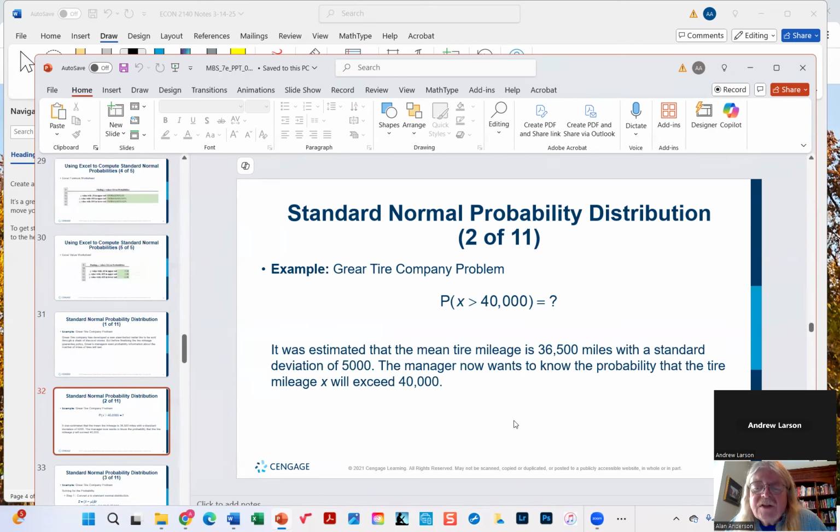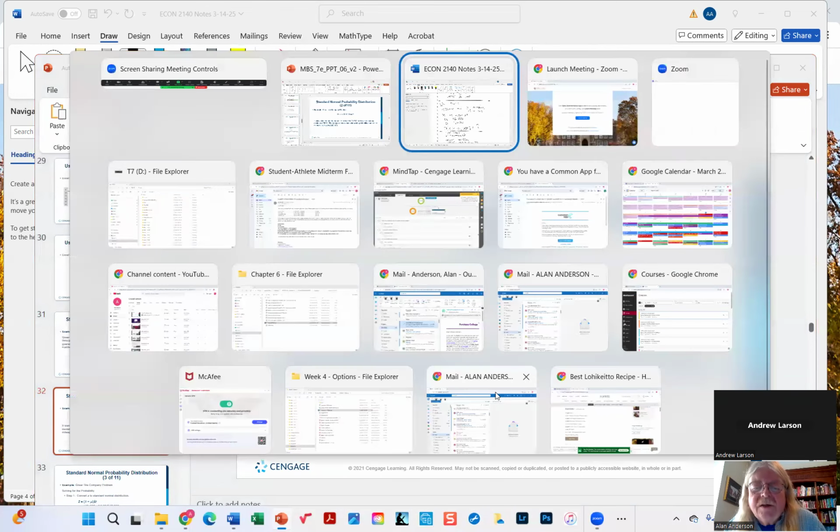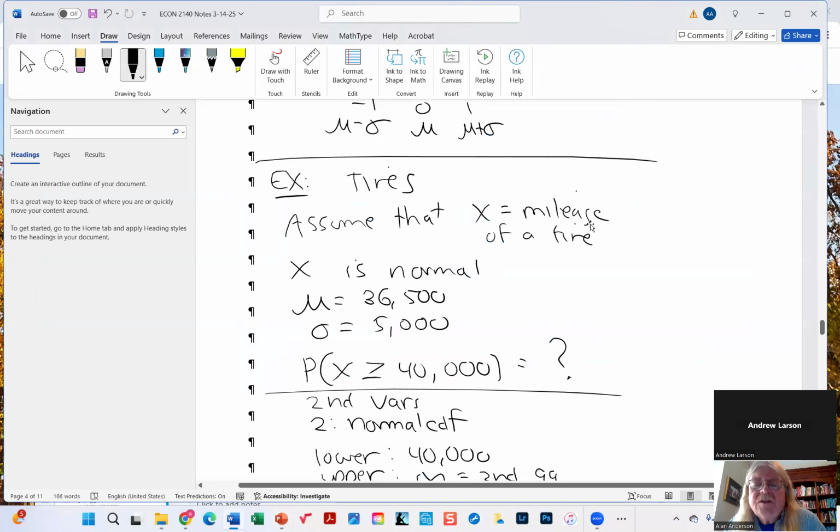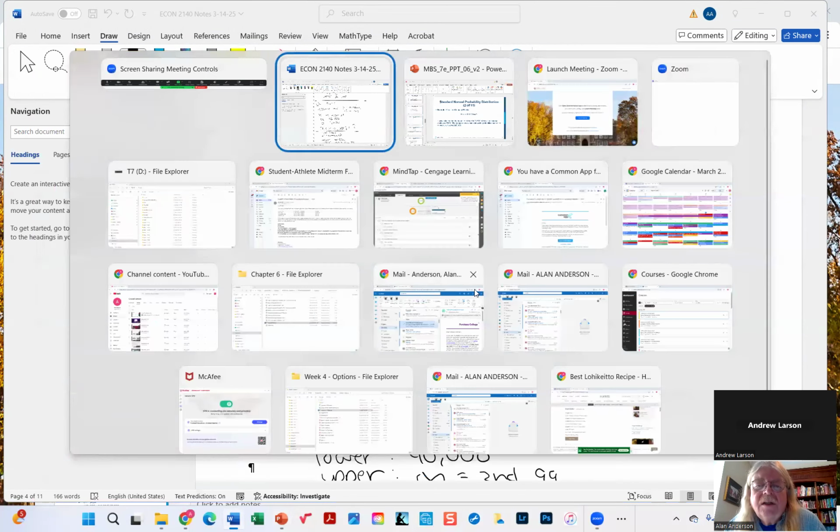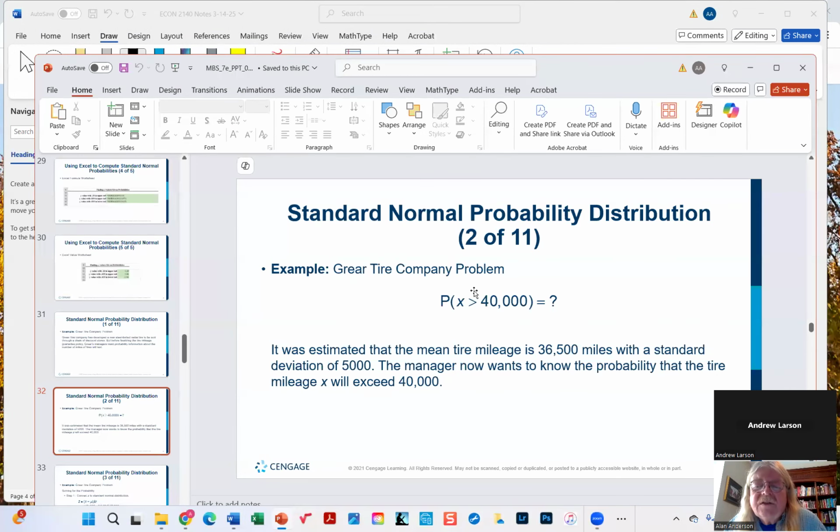The mean is 36,500 and the standard deviation is 5,000. All right, so I wrote that down here. So X is the mileage of a tire. X is normal, the mean of 36,500 miles, and a standard deviation of 5,000 miles. So they want to know the likelihood that a given tire that they produced will last at least 40,000 miles.